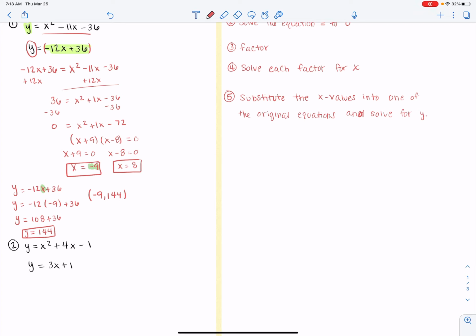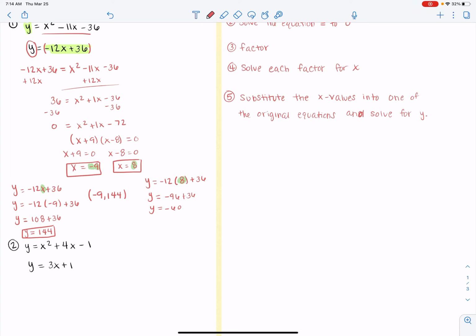Okay, but it looks like I have another point. So I'm going to do the same thing with this x. So y equals negative 12, instead of x, we're using 8, plus 36. So y equals negative 12 times 8 is negative 96 plus 36. So y equals negative 60.